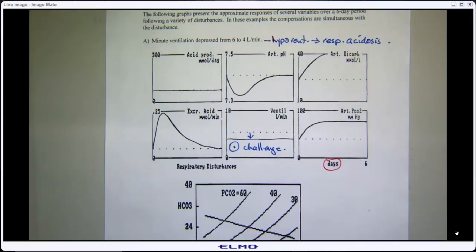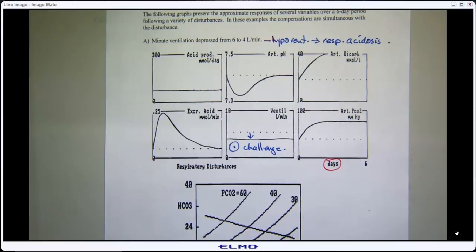That's the question we always ask ourselves when some sort of problem is put in front of us. If it doesn't disrupt homeostasis, and by homeostasis I mean regulated variables, the body won't change. Obviously these graphs are showing changes, so something got messed up. So how does a decrease in ventilation disrupt homeostasis?